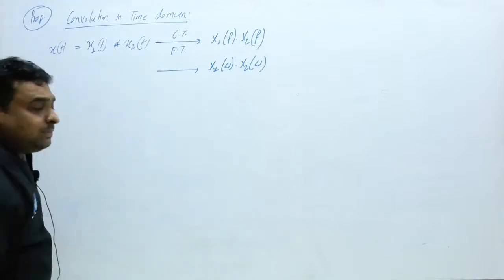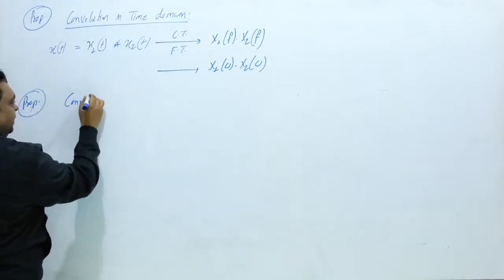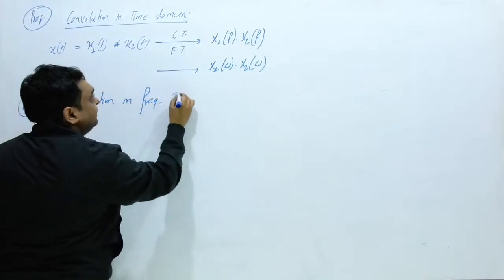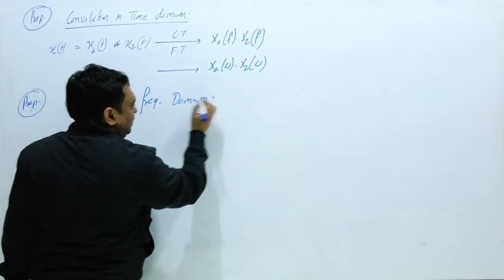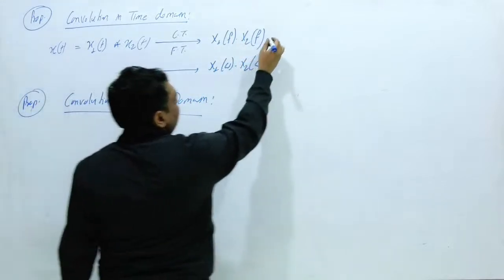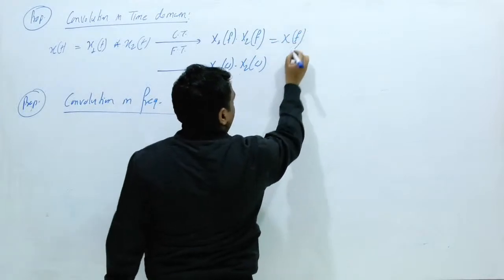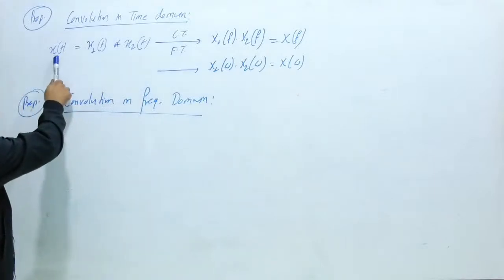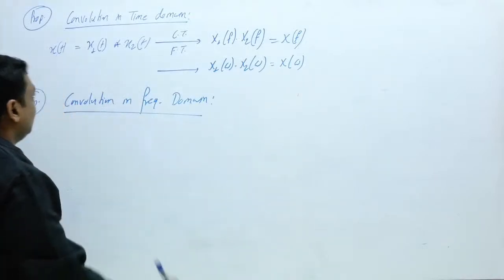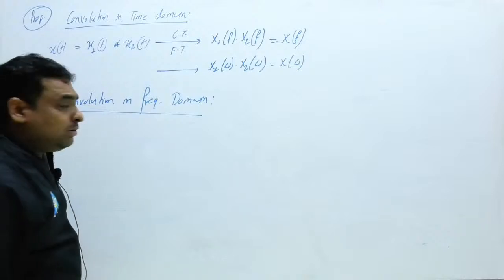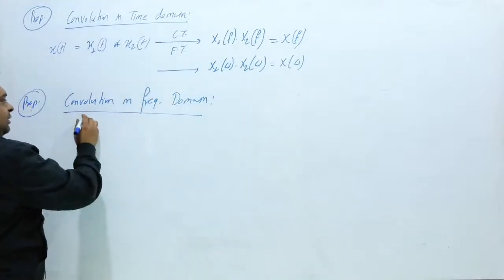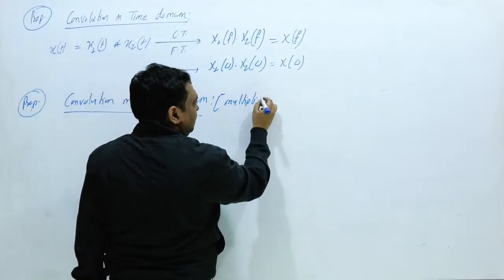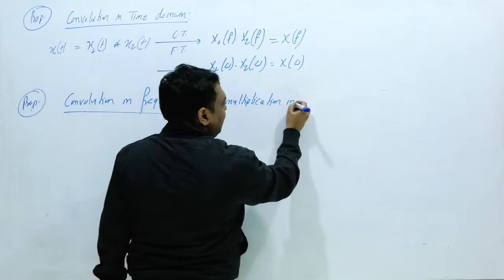Now the next property, a similar property, convolution in frequency domain. Here you can say this new signal is X(f), or you can say this new signal is X(omega), because you have written here that this signal is x(t). Now, what will be convolution in frequency domain? This property you can also say is multiplication in time domain.